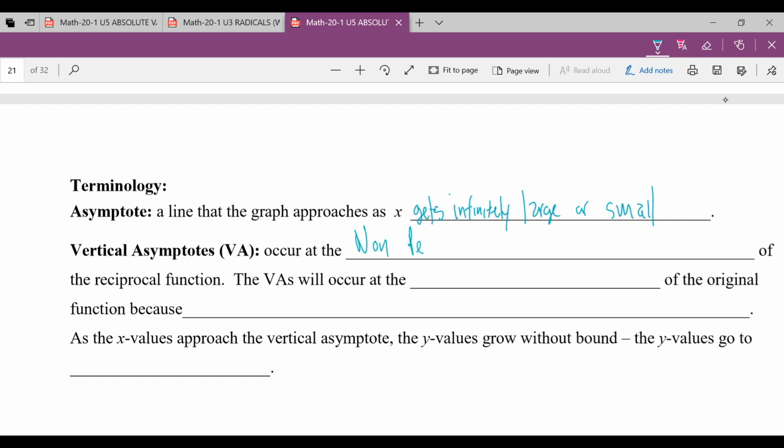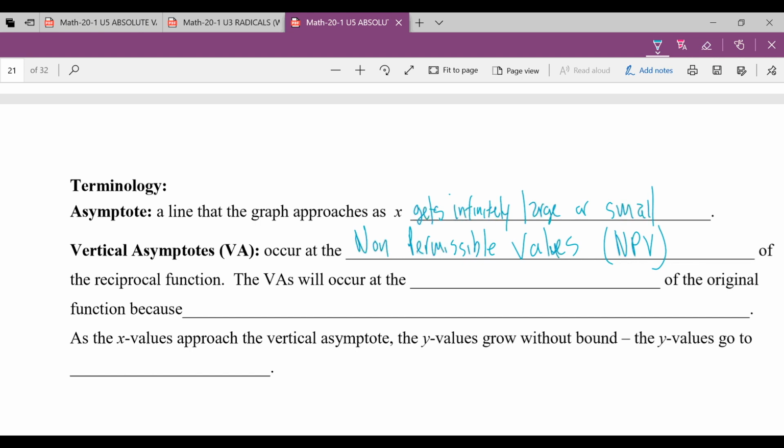Those are the non-permissible values, which would allow for the function to blow up or become indeterminate or undefined. Any x value that would make a denominator equal 0 would be a vertical asymptote. Any x value that would make the radicand negative would be a non-permissible value. All that stuff you've just finished learning.